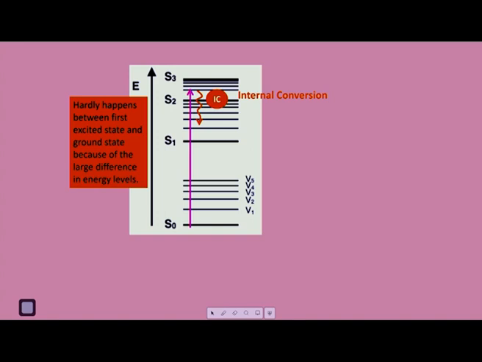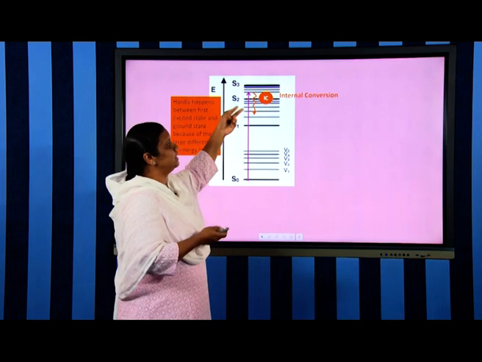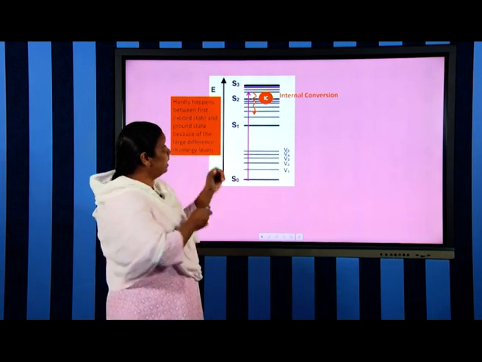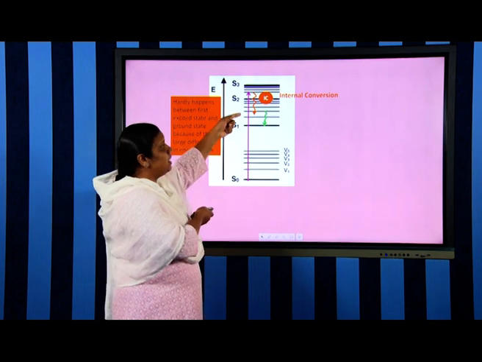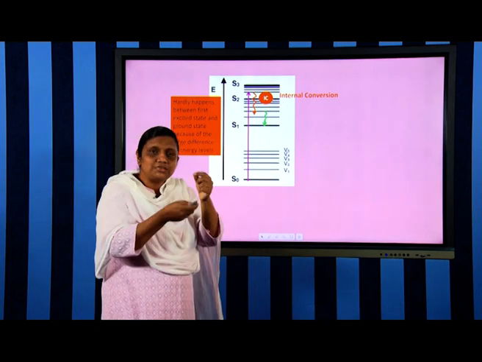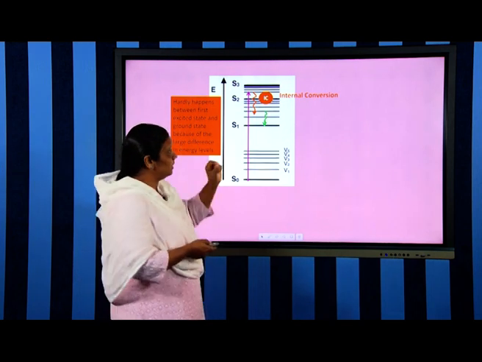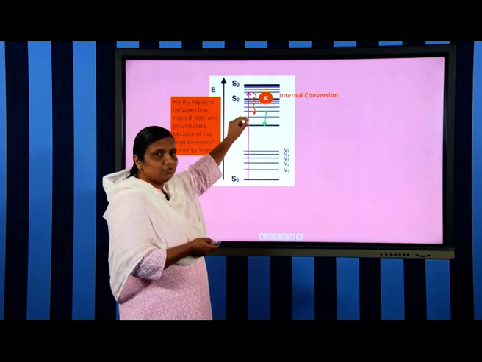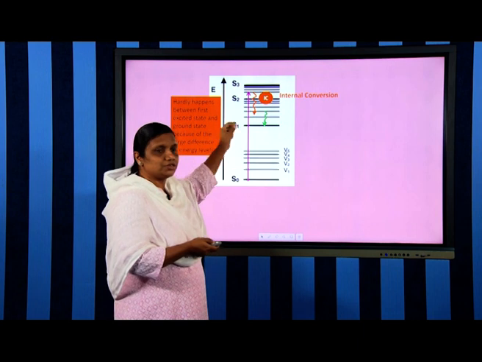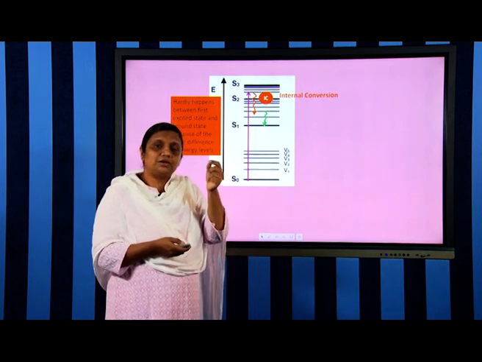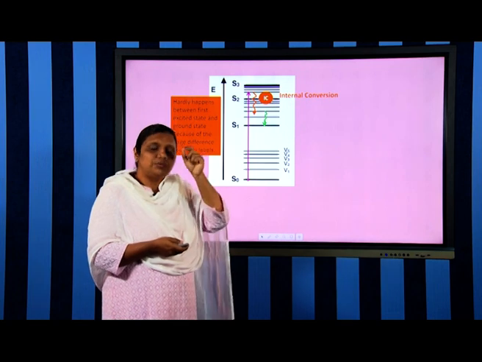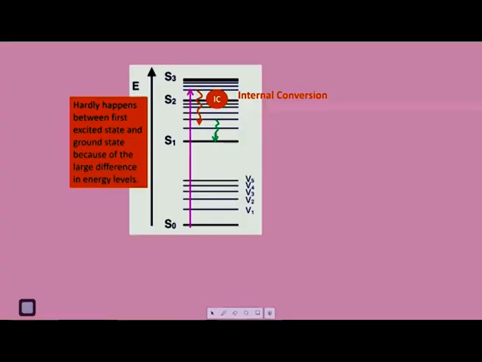After internal conversion, the electron is in a higher vibrational level of the excited electronic state. From there it can come down to the lowest vibrational level of the excited state. The green arrow shows the transition of the electron from a higher vibrational level of one excited state to the lowest vibrational level of the same excited state, and that is vibrational relaxation.